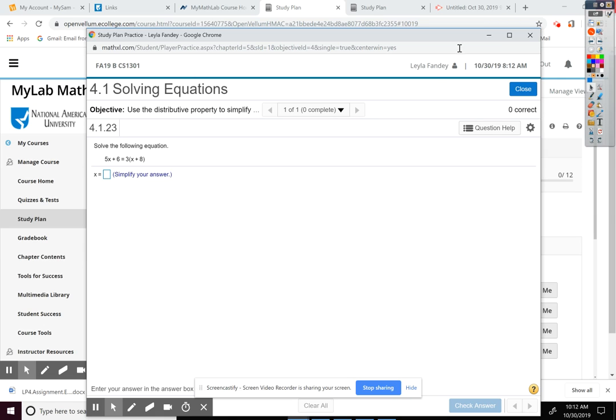When kids come to your door, you have a bag of candy and you distribute it to the kids, which means you spread it out to the kids. So in this case, you have 5x plus 6 equals 3x plus 8. A parenthesis in algebra in math groups things.